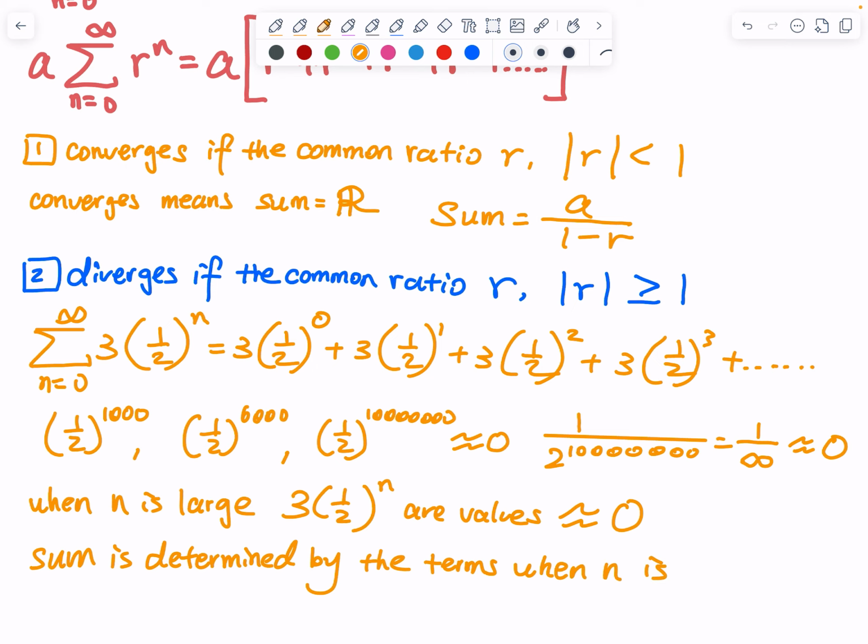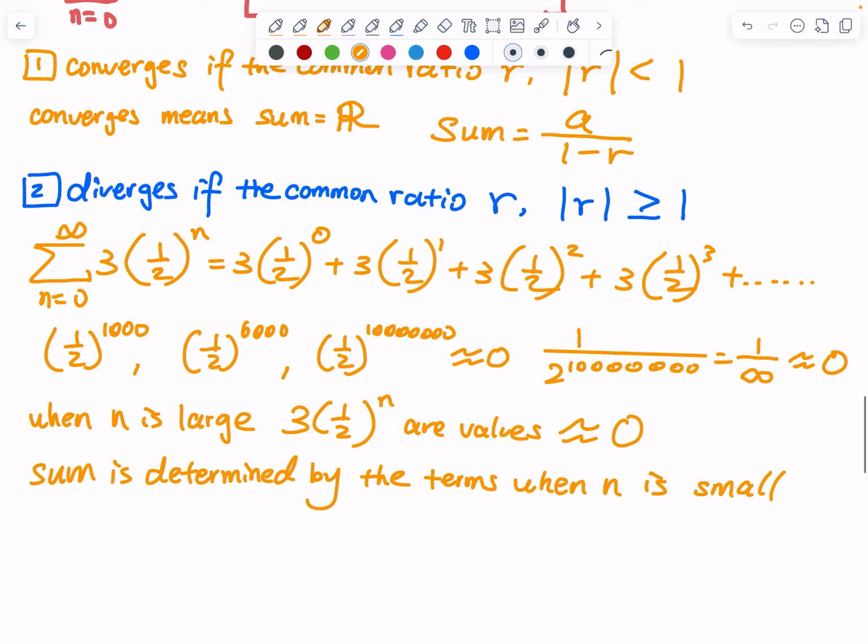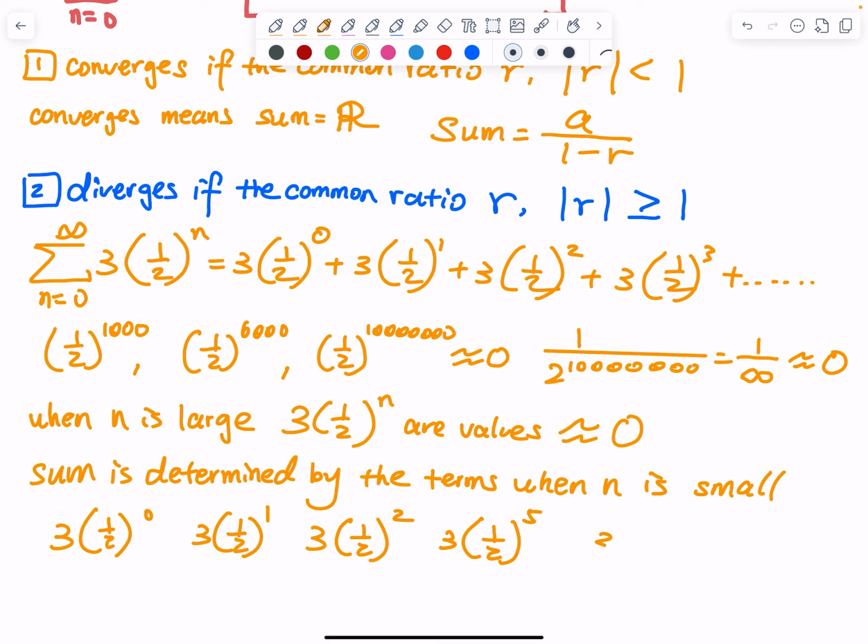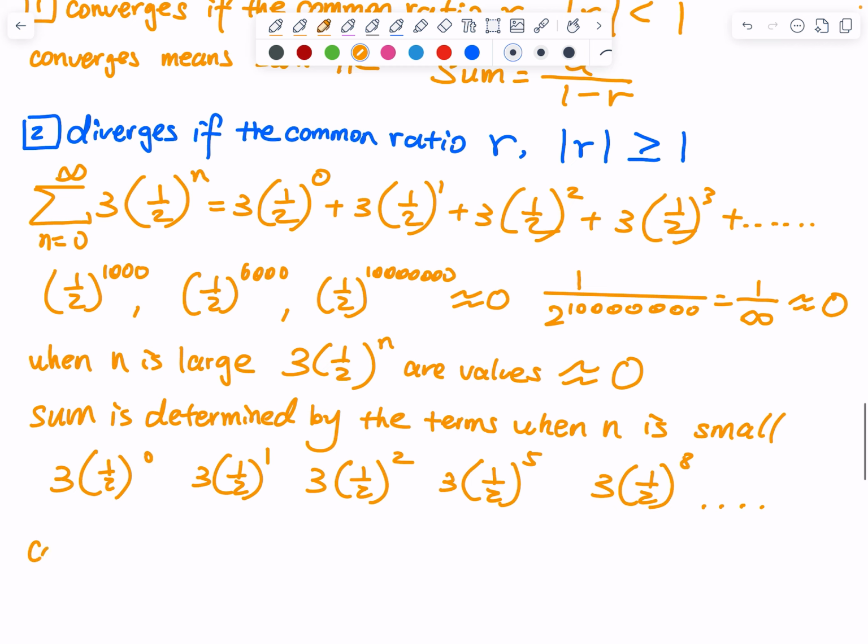That will be 3 times 1/2 to the 0 power, 3 times 1/2 to the first power, 3 times 1/2 to the second power, 3 times 1/2 to the third power, and maybe the fifth power, and maybe the eighth power, something like that. So the sum is really determined by them. The common ratio r is equal to 1/2, and the absolute value of 1/2 is less than 1. Therefore, the series converges.